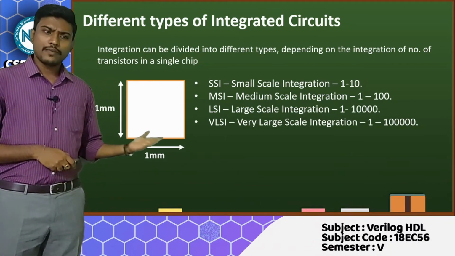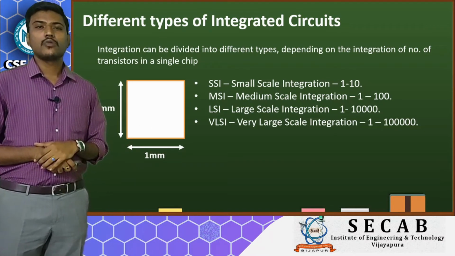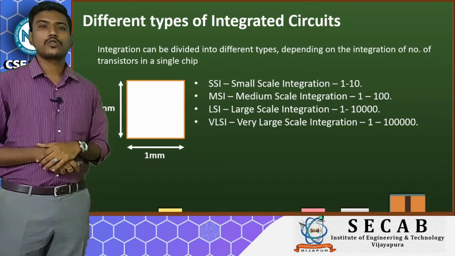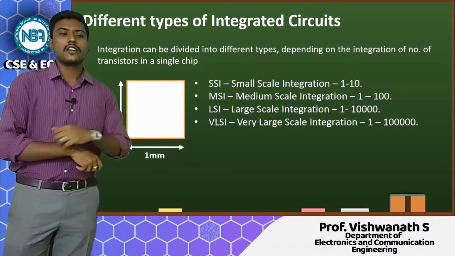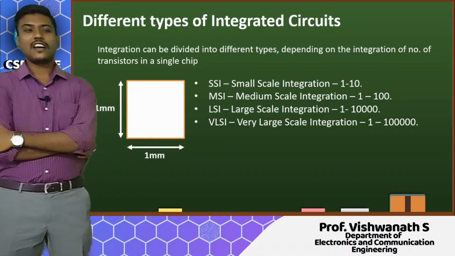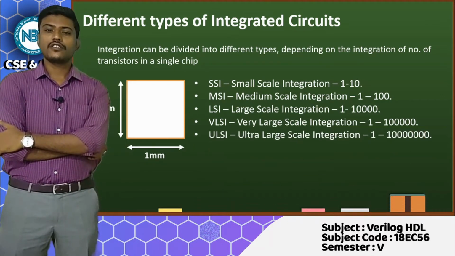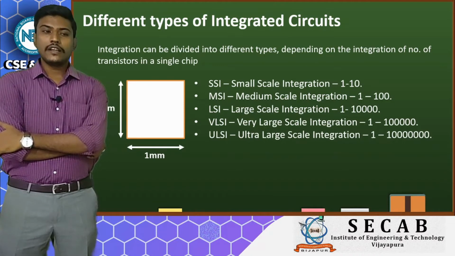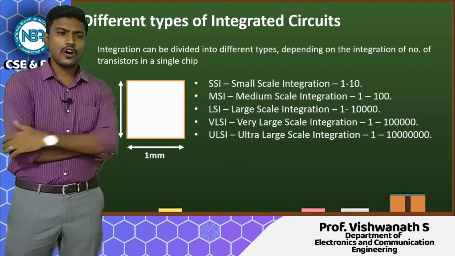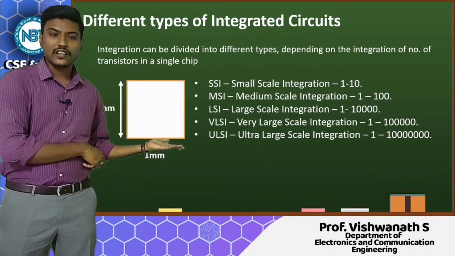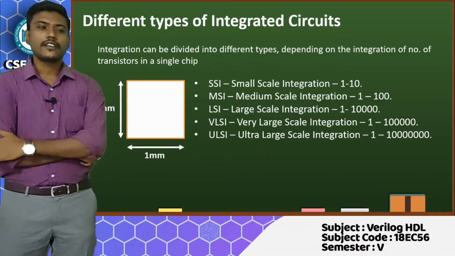If, keeping the area constant, we are able to integrate 1 to 100 thousand transistors, then we can call it very large scale integration. In a similar fashion, if you are able to integrate hundreds of thousands of transistors into the small area we defined, then we can call it ultra large scale integration.